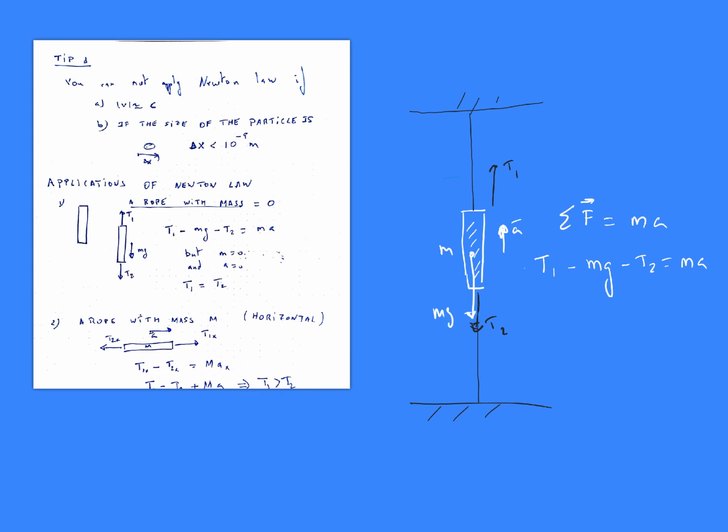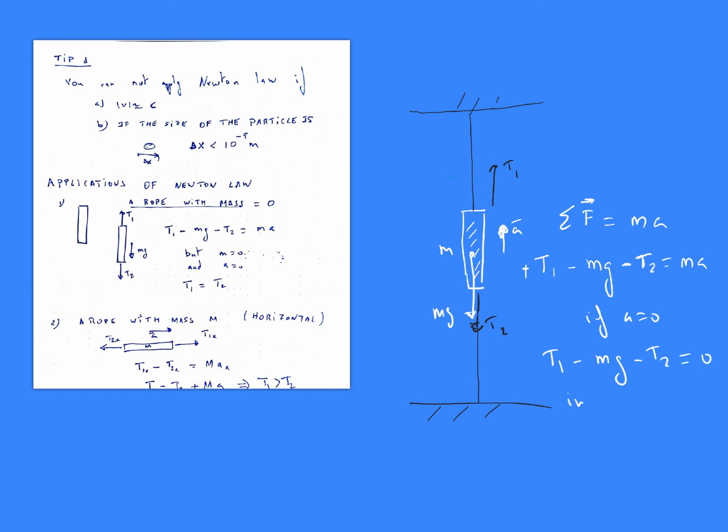So the equation will say T1 going up minus T2 going downwards minus mg equals ma. In the case that a is 0, the equation will be T1 minus mg minus T2 equals 0.